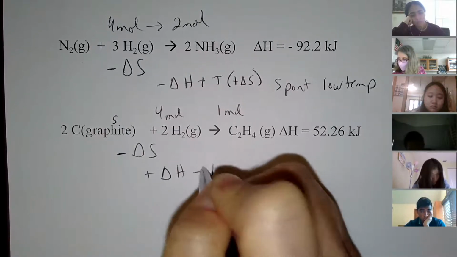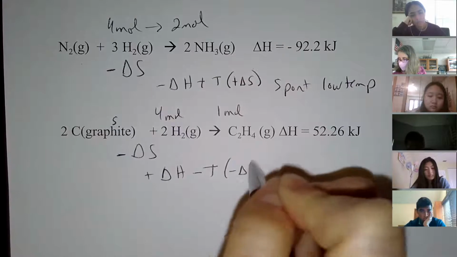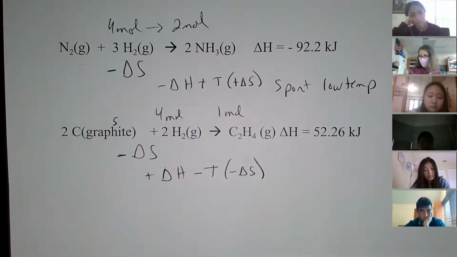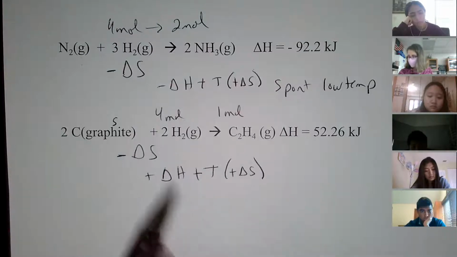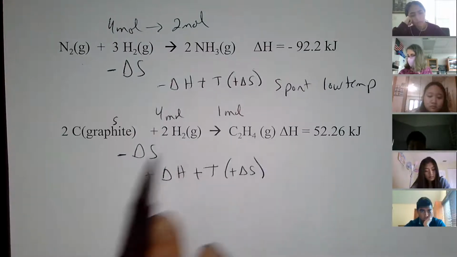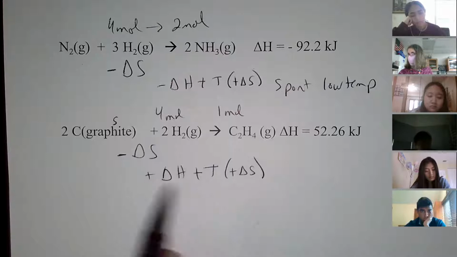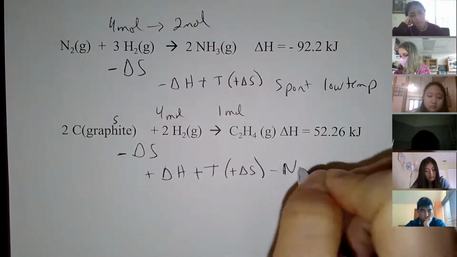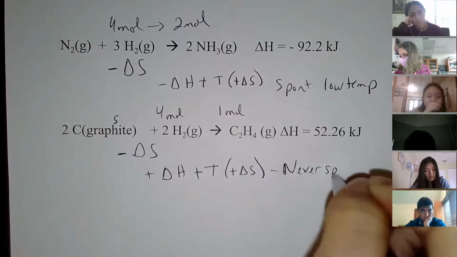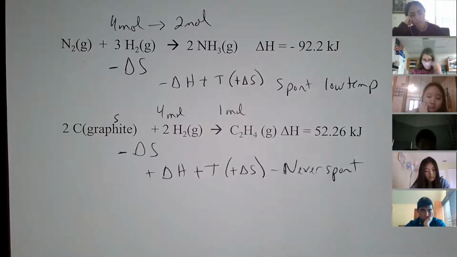So this is negative T times negative delta S, so this becomes positive. This is positive. There is no way I can make that negative. There's absolutely no way I can make that negative. So you're going to say that this is never spontaneous. Never.